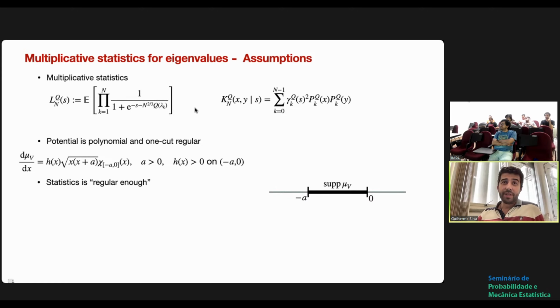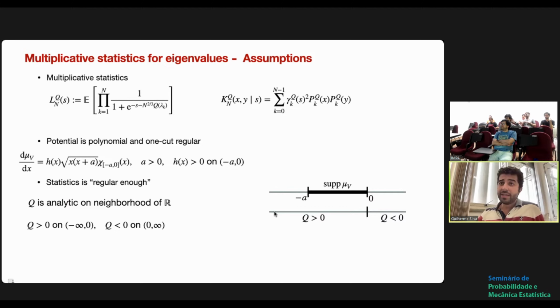And most important, we assume that this Q, which plays the role of a deformation of our matrix model, satisfies certain conditions. First of all, it's analytic in a neighborhood of the real axis. Second, we assume that this Q is strictly positive on the negative axis and strictly negative on the positive axis. What this really means is the following.